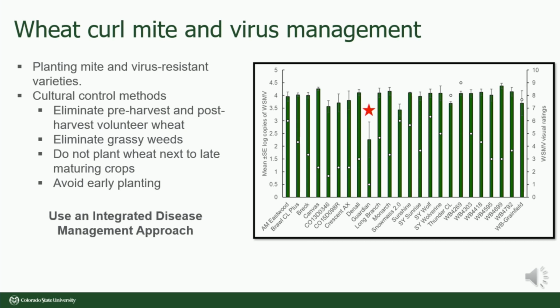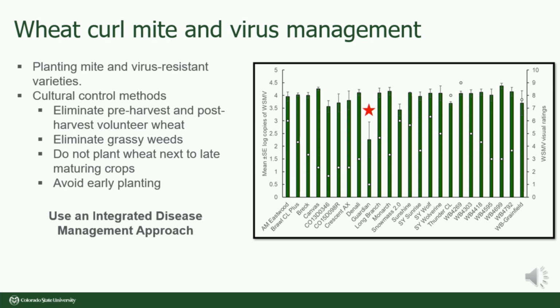The circles indicate Scott's visual ratings, and there's a good correlation. So this shows that pyramiding both mite and the virus genes is the way to go in the future to significantly reduce virus levels. But my recommendation to growers would be to continue to use diverse strategies to keep the virus and mite levels down and to avoid breakdown of resistance.